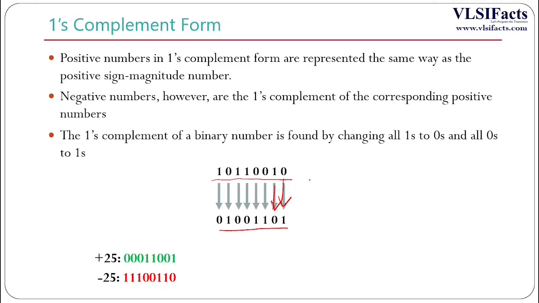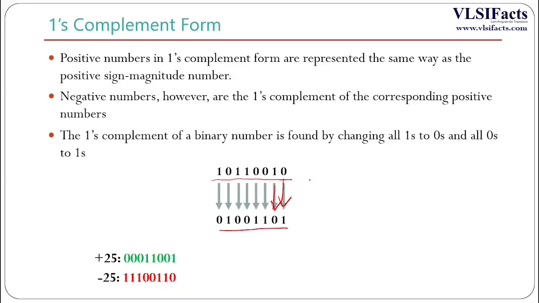Now taking the same example which we have seen in case of sign magnitude form, here we will calculate the ones complement form of plus 25 and minus 25. As we have discussed, the ones complement form of the positive number will have the same representation as sign magnitude form. So plus 25 will have the same value, that is 00011001. However, minus 25 will have a different representation in ones complement form than the sign magnitude form.